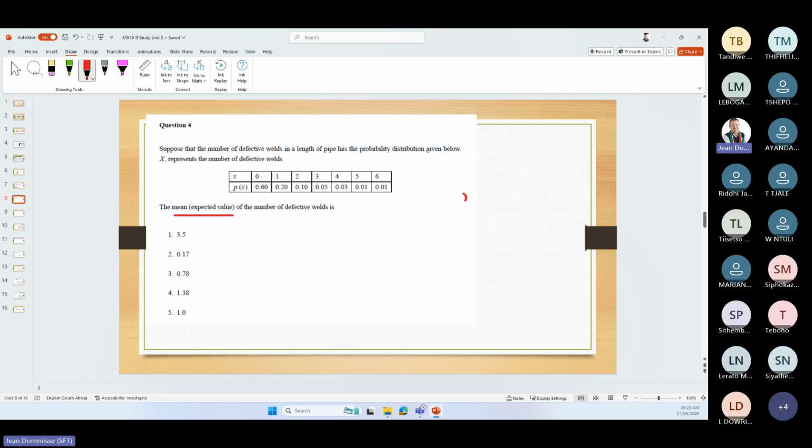But let's see. So 0 times that is 0. 1 times that is 0.2. 2 times that, also 0.2. 3 times that is 0.15. 4 times that is 0.12. 5 times that is 0.05.